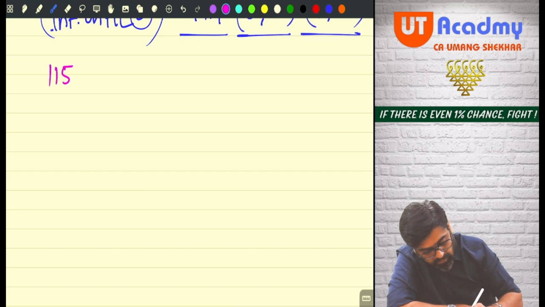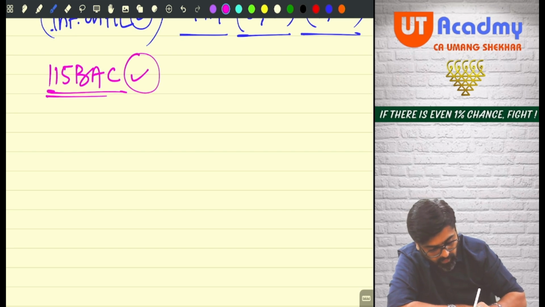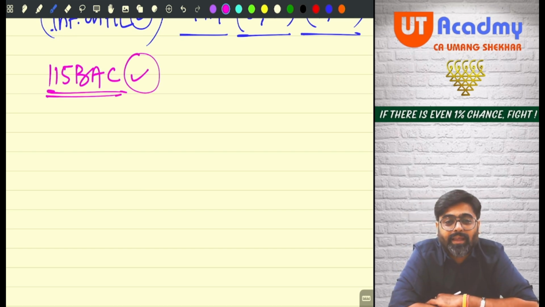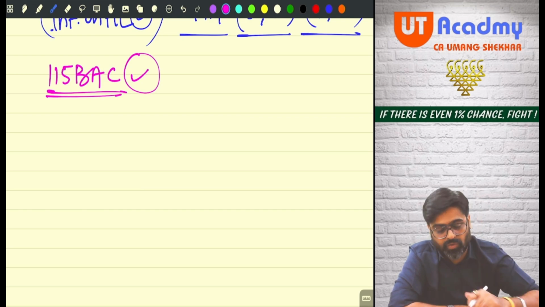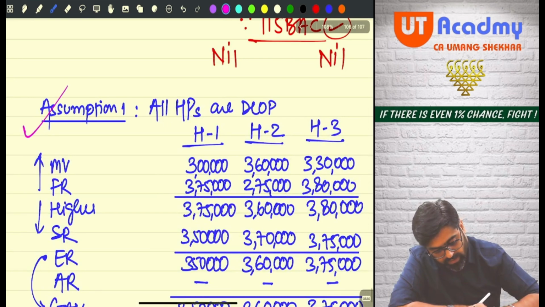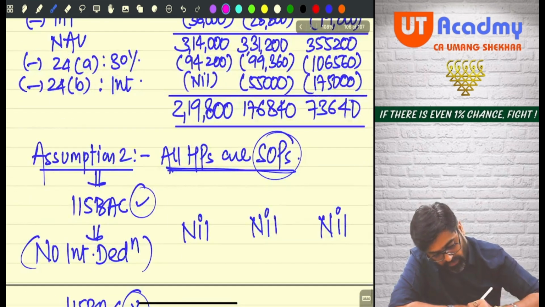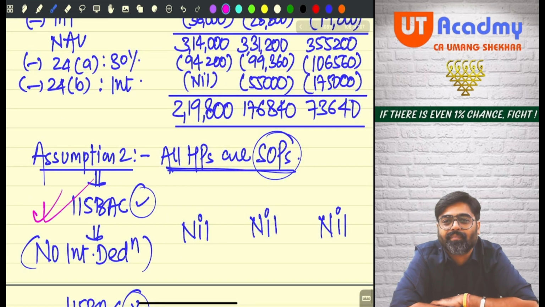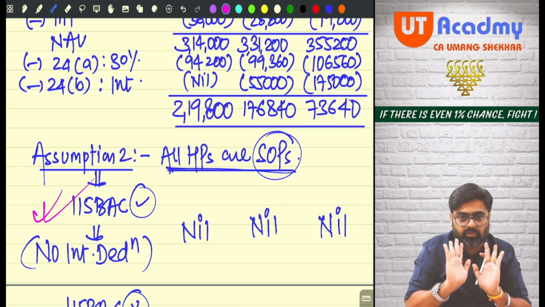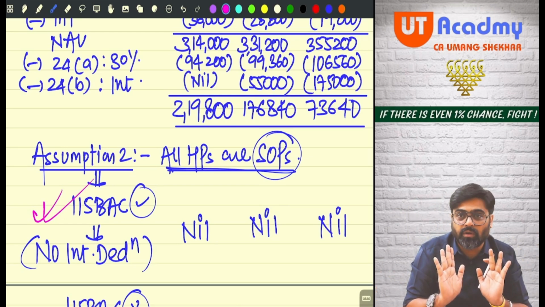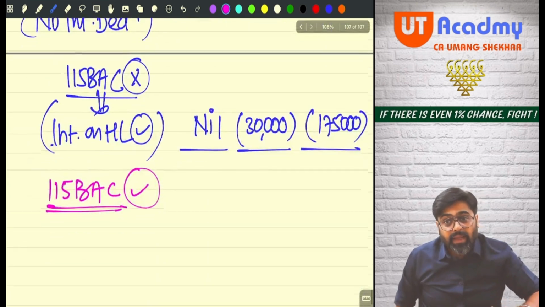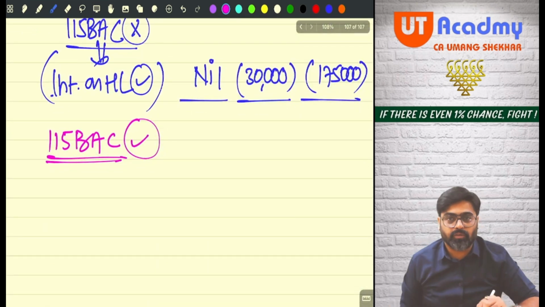Now, if the assessee follows 115 BAC, what did I say? If the assessee follows 115 BAC, what are we supposed to do? We are supposed to take this table and this table. Both the tables we are supposed to combine. Yes or no? Now, in this, we have 3 options.